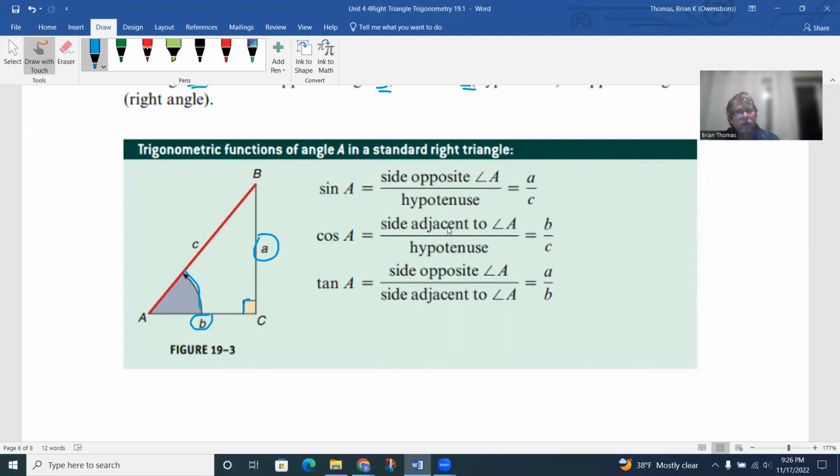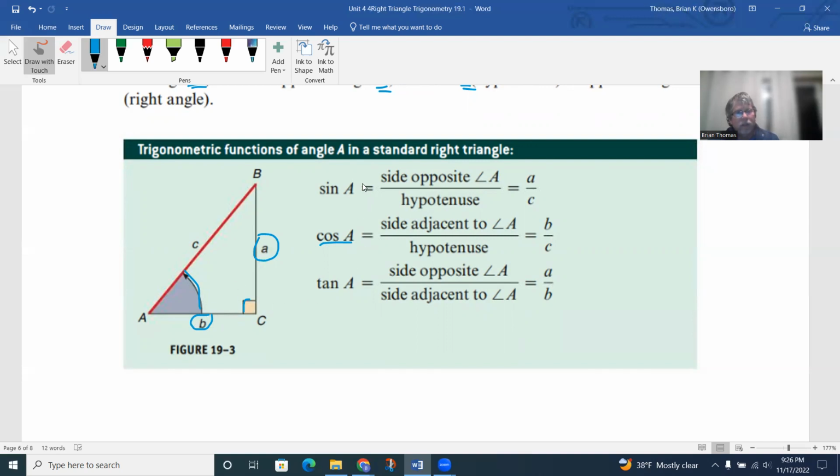In other words, A over C. The cosine of A is the adjacent side of angle A over the hypotenuse. So that's B over C. And then the tangent of A is defined as the side opposite of angle A over the side adjacent to angle A. So that's A over B.